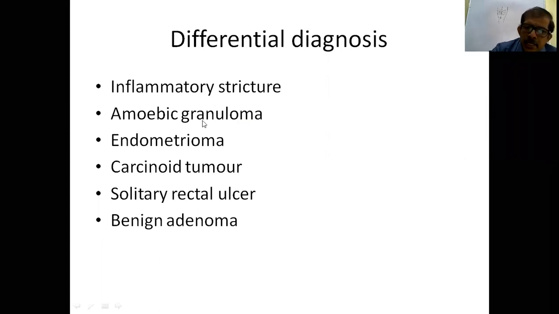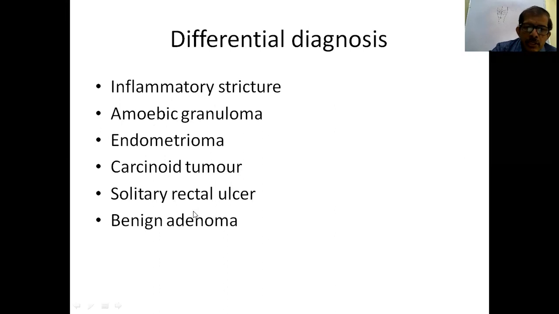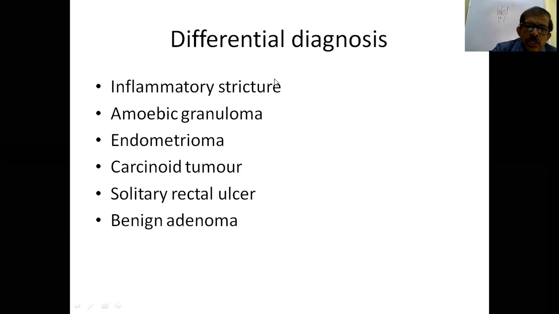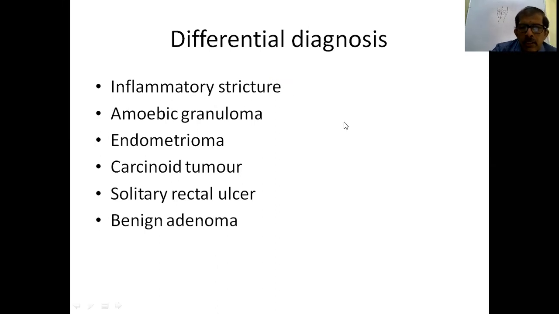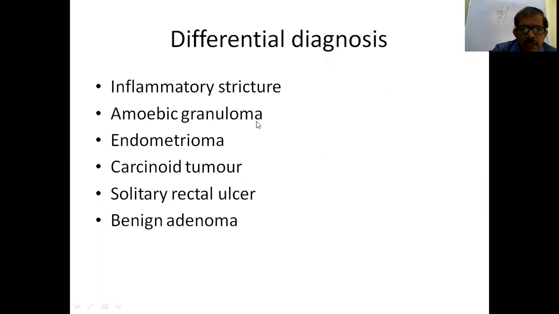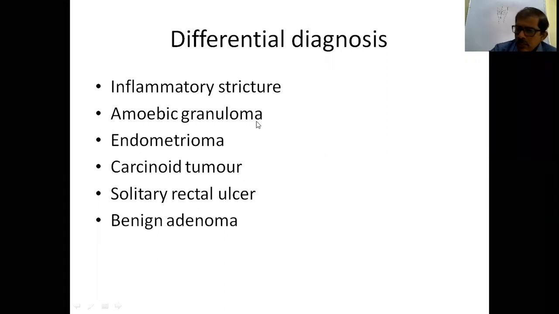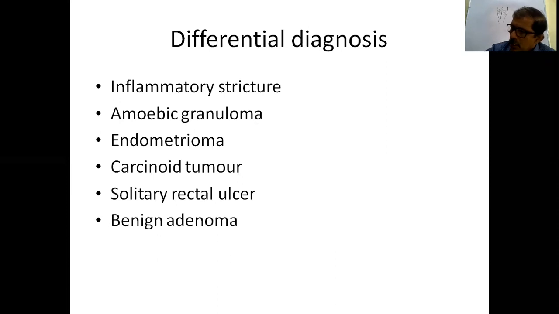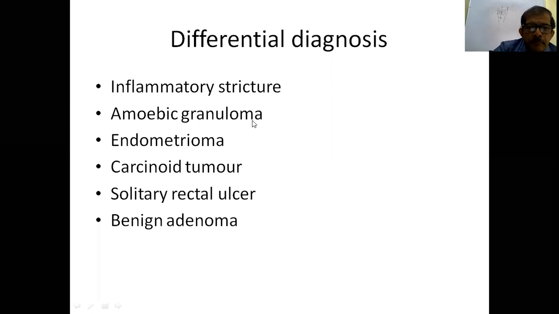Whatever may be these conditions, our first diagnosis with these symptoms should be carcinoma of the rectum only. These are the diagnoses which are to be considered after you have excluded carcinoma by biopsy. So it may be inflammatory IBD stricture, it may be amoebiasis. The other day I was telling you it is commonest at sigmoidorectal junction, amoebiasis. All of you were thinking that it is in the cecum.